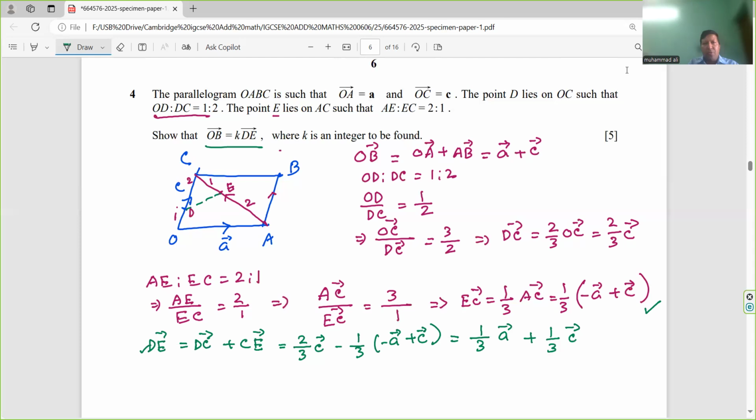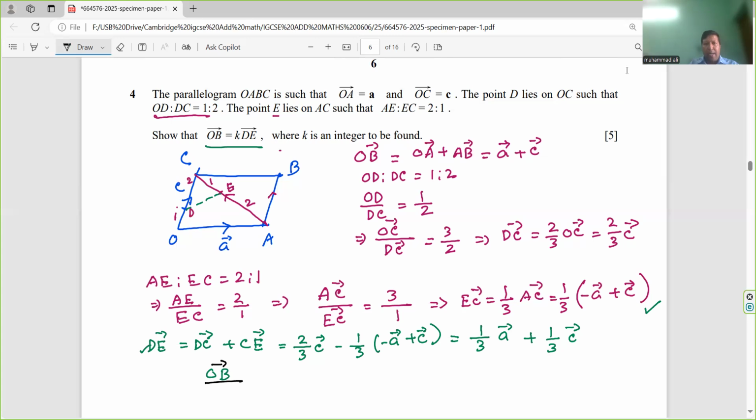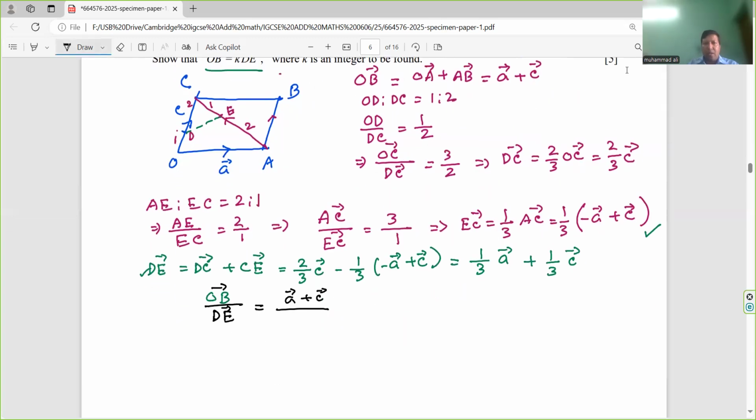Now we want to find a ratio between OB and DE. We have to write here OB vector by DE vector. OB vector is A vector plus C vector, and DE vector equals 1 by 3 common, A vector plus C vector.